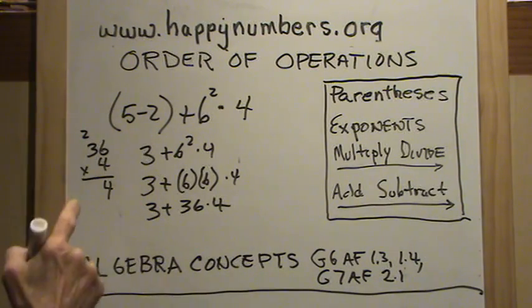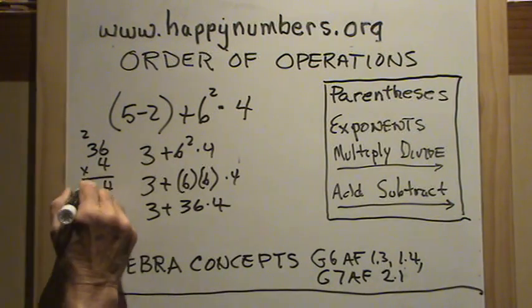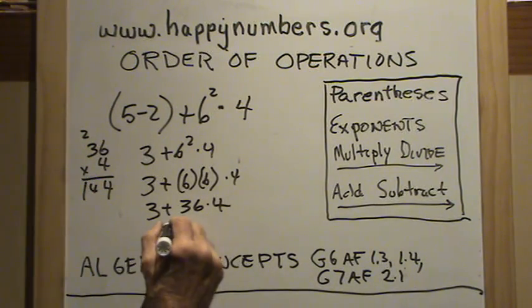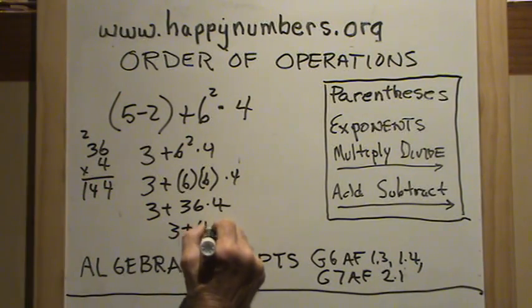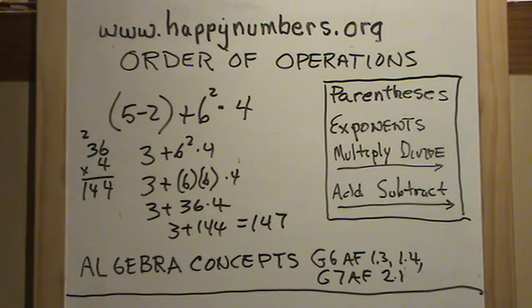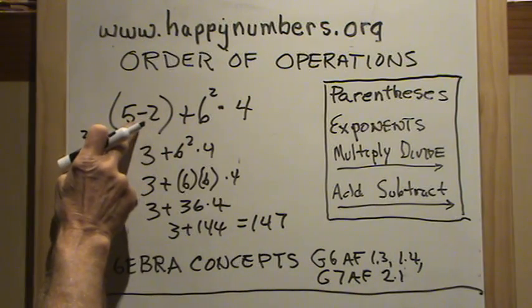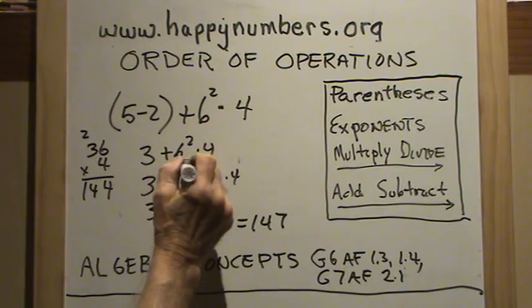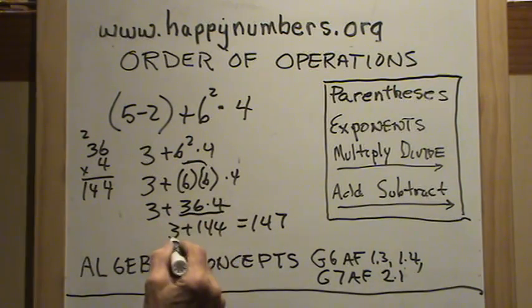Carry the 2. 4 times 3 is 12, and 2 is 14. So we have 3 plus 144, which equals 147. So we dealt with the parentheses first, then we did the exponent, the 6 times 6, then we did the multiplication, and lastly we did the addition.